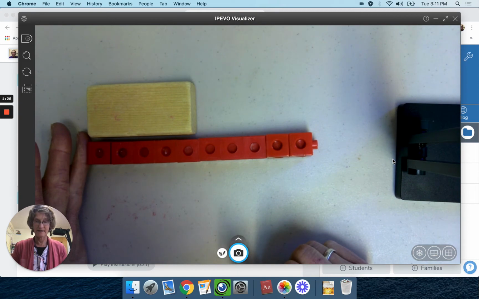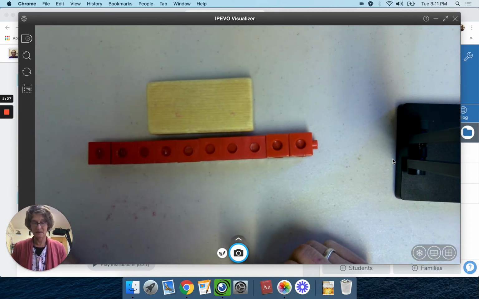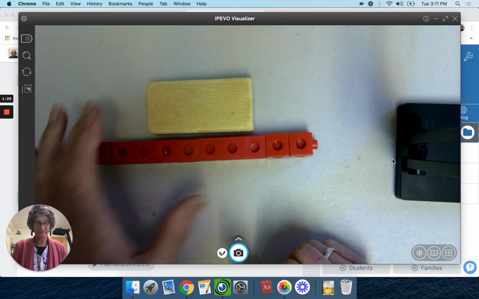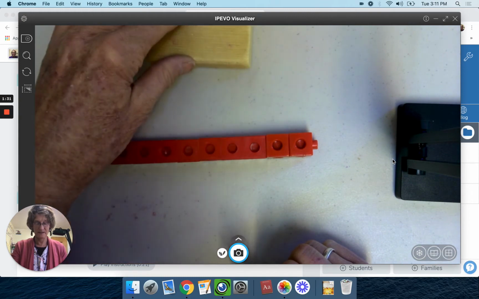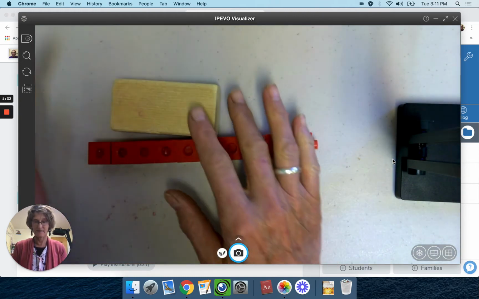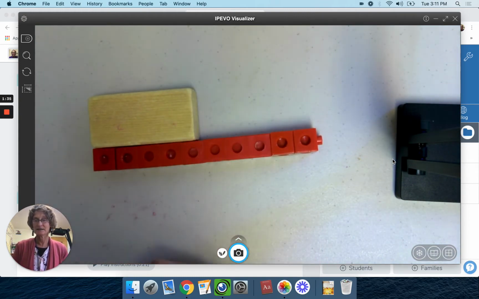Is it okay if I just stick the block in the middle or way up here? Do I really have to line them up to find out which one is shorter and which one is longer?